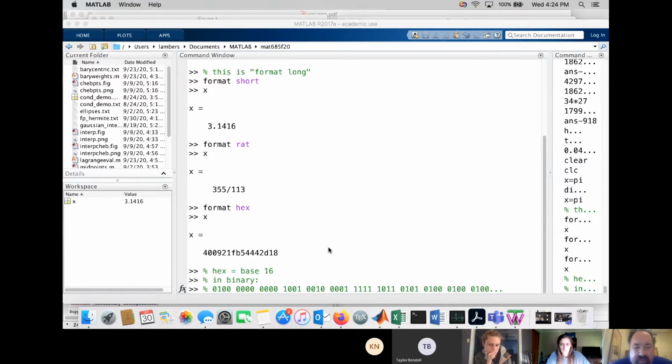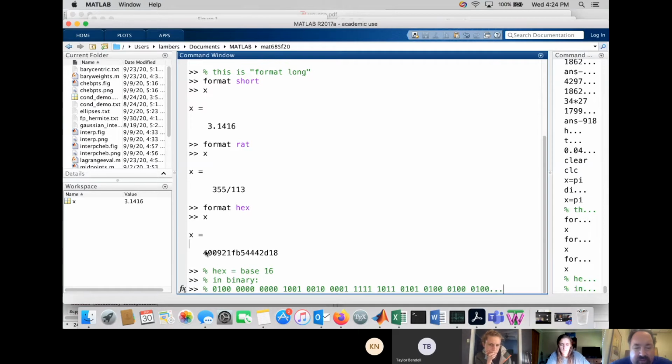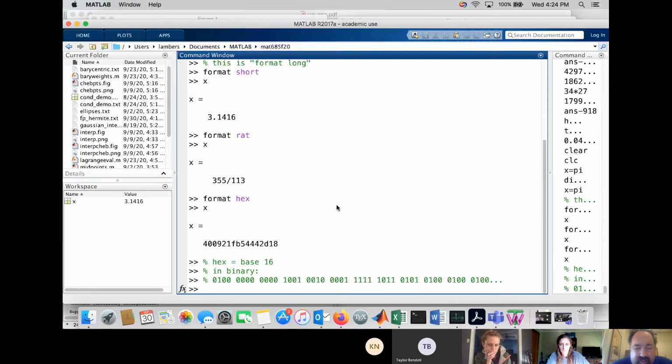Does anyone see how I got from each of these individual digits to each block of 4? So again, each digit is a power of 2. Otherwise, you read it just like decimal.